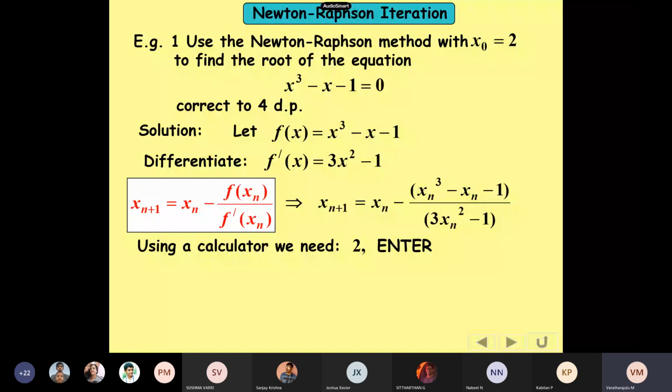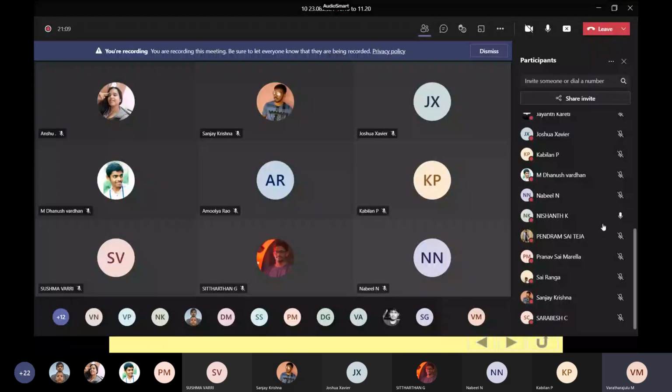It won't be good. Get a calculator as early as possible. Sai Teja, are you having your calculator?